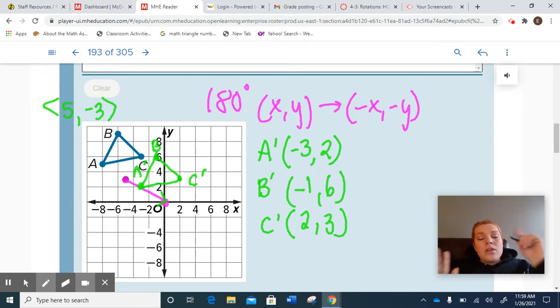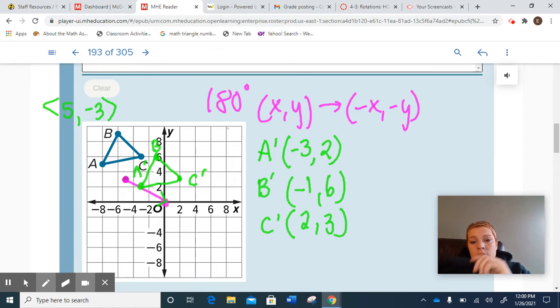It looks okay. So now what we're going to do is go ahead and do a 180 rotation. Now, doing the 180 will not make it look like a rotation from the original shape. Remember, we moved it in order to use the rule, so we could use that origin rule. So I'm going to go ahead and apply the 180 rule, saying take my x, y points and switch the signs.